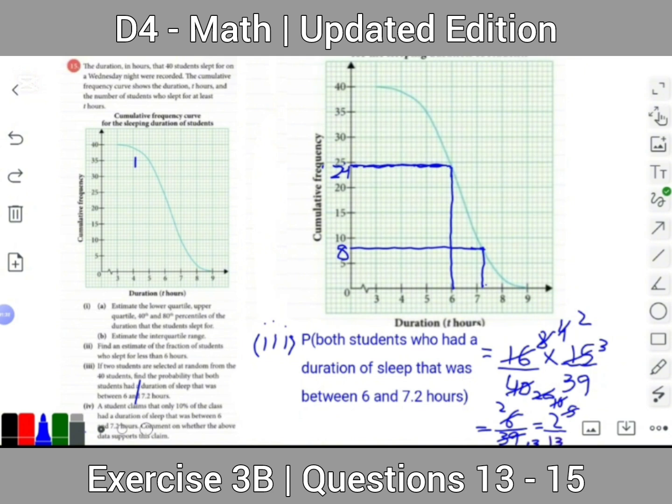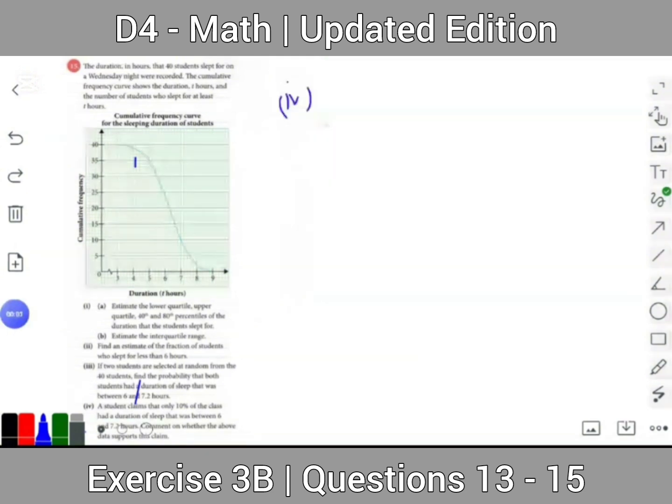Now in part 4, a student claims that only 10% of the class had a duration of sleep that was between 6 and 7.2 hours. Comment on whether the above data supports this claim.